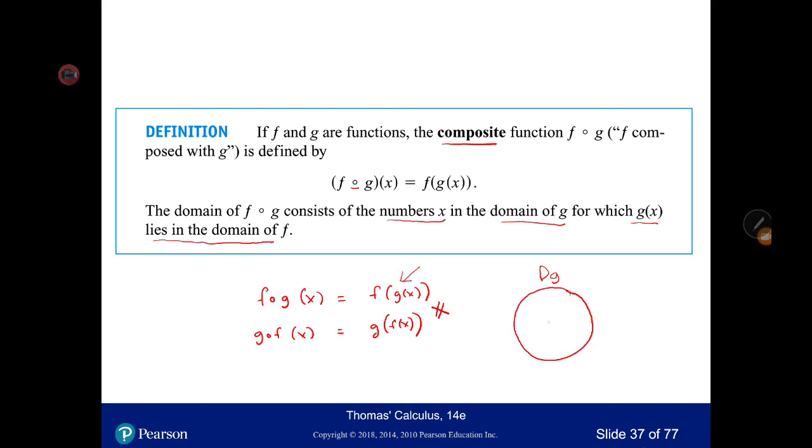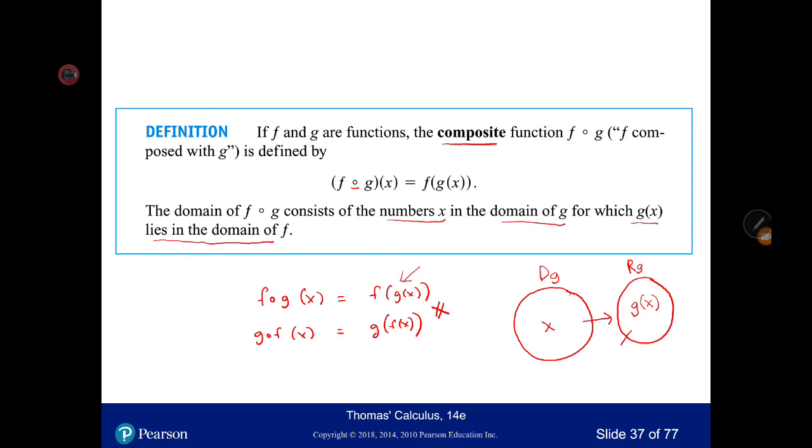Okay, so here we have x here, and then when we evaluate using g, we have the range of g, right? This is g of x, right? And then we have the domain of f.